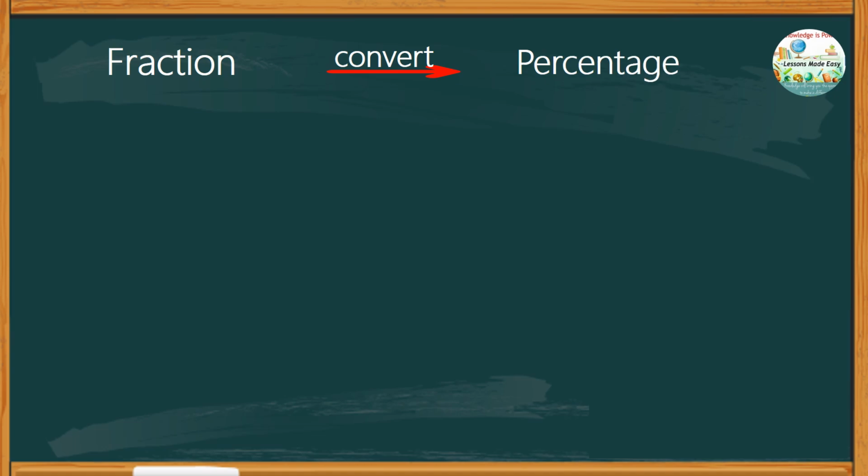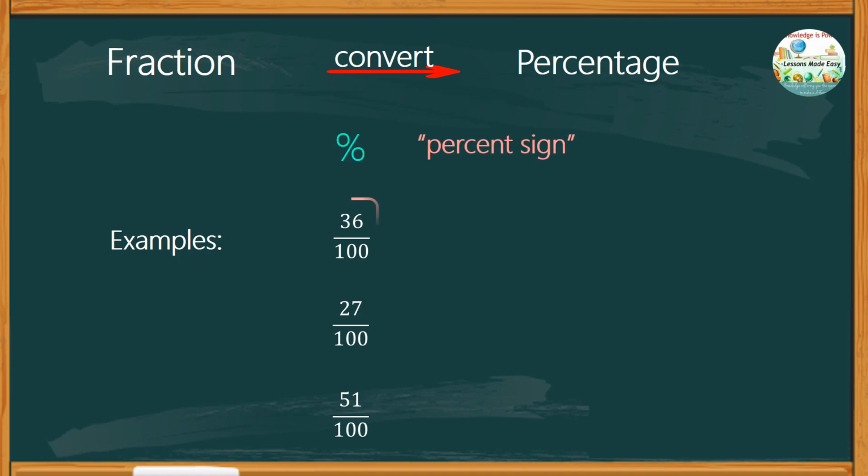In the same manner, we can convert a fraction to a percentage. Look at these examples. Since a percentage is a special fraction where the denominator is always 100, we don't need to write 100. Instead, we use this symbol called the percent sign. 36 over 100 is just the same as 36%.